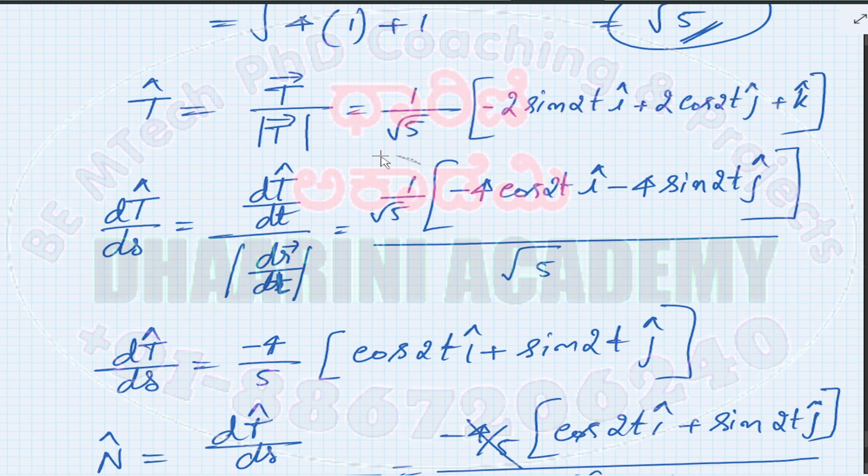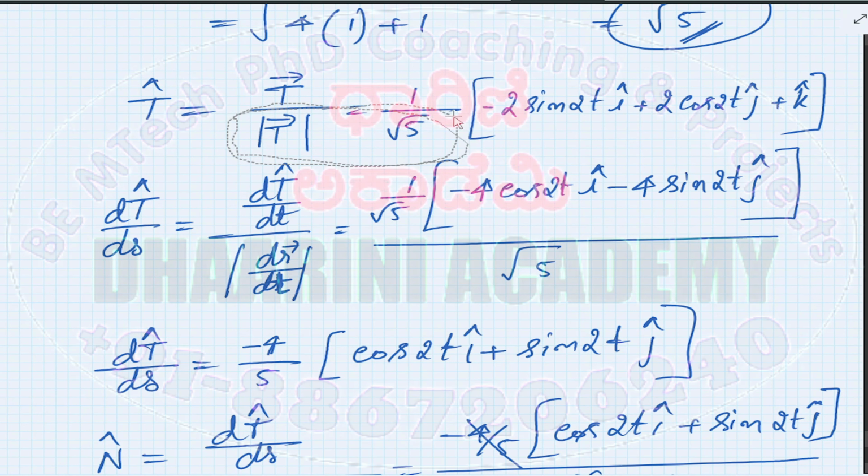So 1 by root 5 is written as it is. Then we write minus 4 cos 2t, because there is a minus 2 sin 2t, sin differentiation is cos, 2 comes out, so 2 into 2 is 4. Similarly, 2 cos 2t becomes minus 4 sin 2t into j cap. The k cap present over here gets cancelled after differentiation. So divide that by the magnitude of dr by dt, which is nothing but the magnitude of this. I can see that this is already written here.